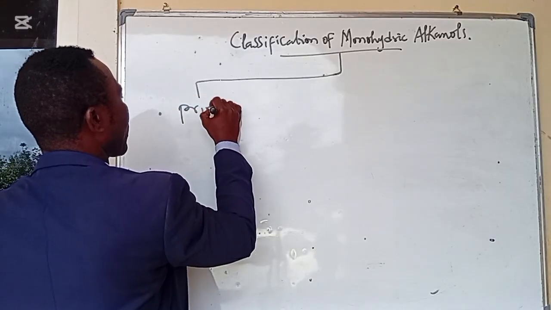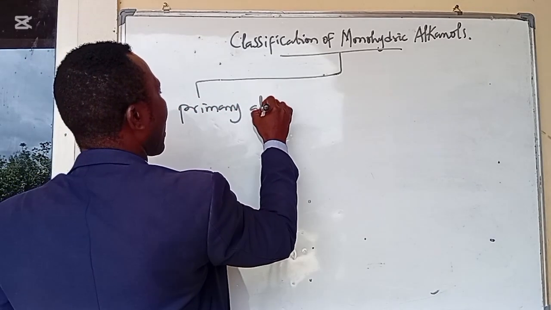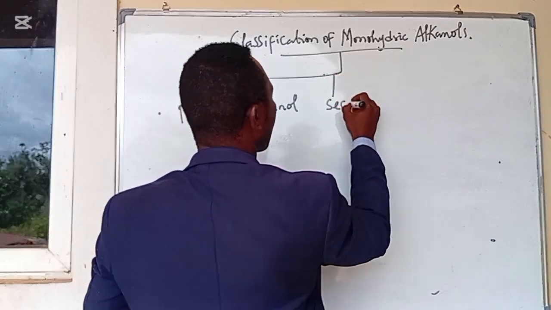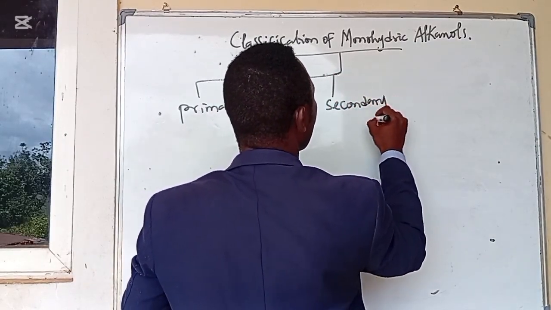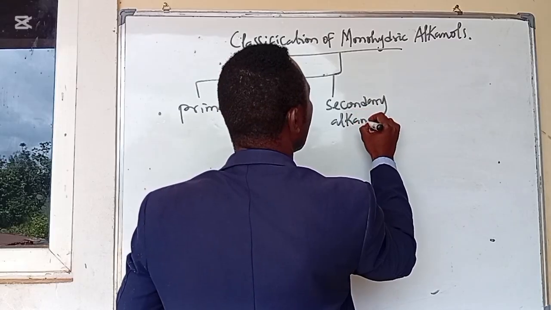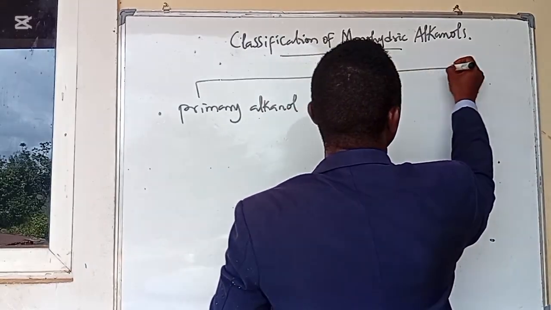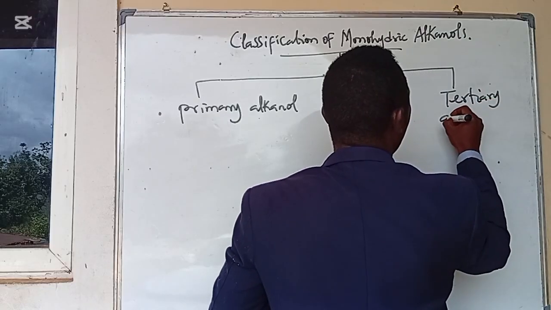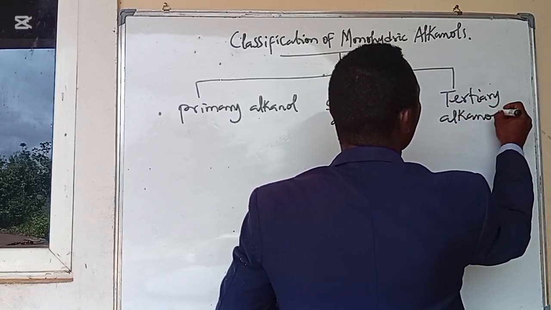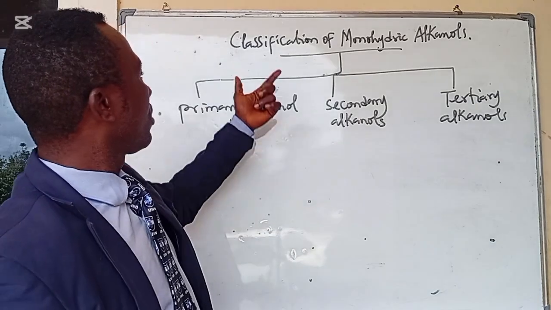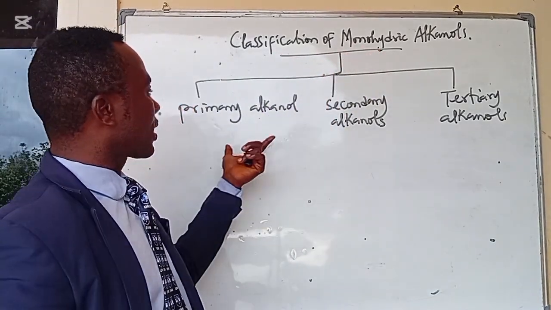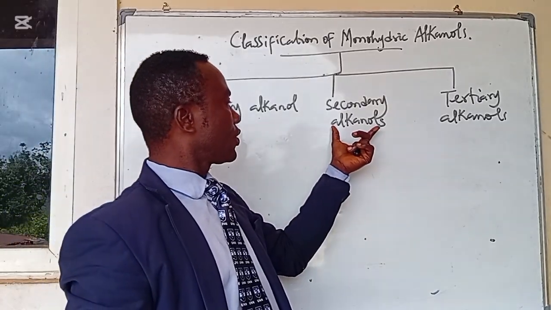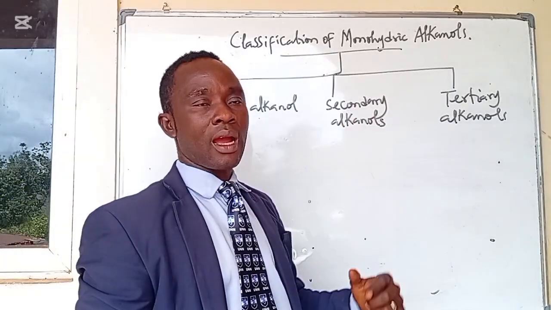We have primary alkanols, then we have secondary alkanols, then we have tertiary alkanols. So these monohydric alkanols can be classified into three. You have primary alkanols, secondary alkanols, and tertiary alkanols.